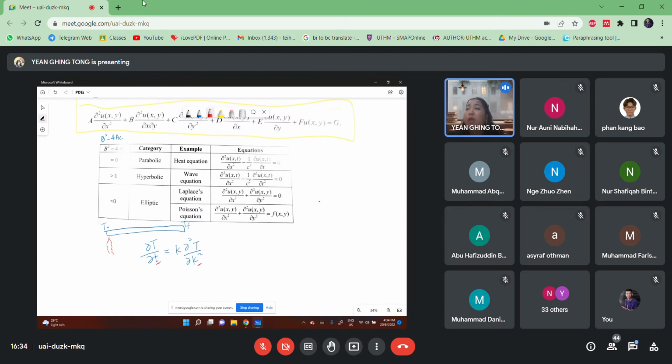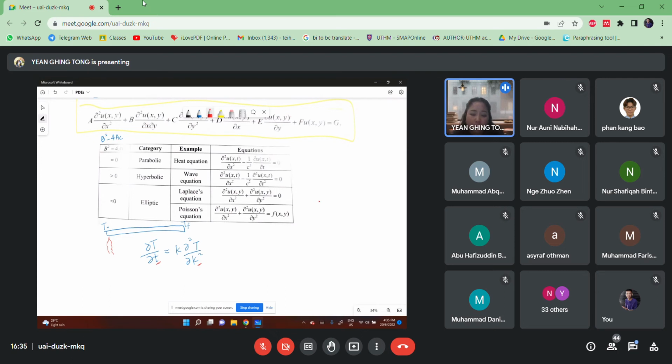We have two independent variables. One independent variable is regarding time. Another independent variable may depend on K, maybe another parameter. So that means t and K will affect the temperature of this rod.